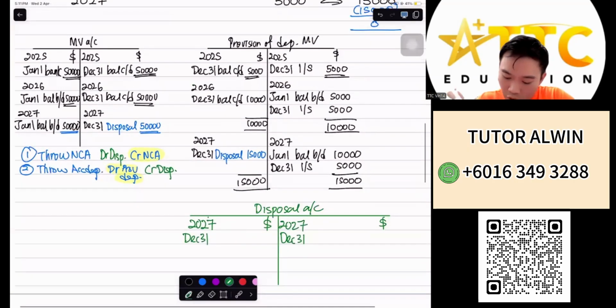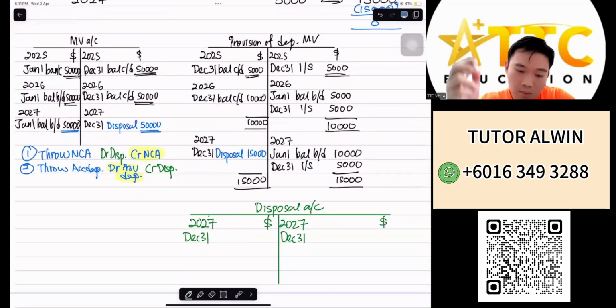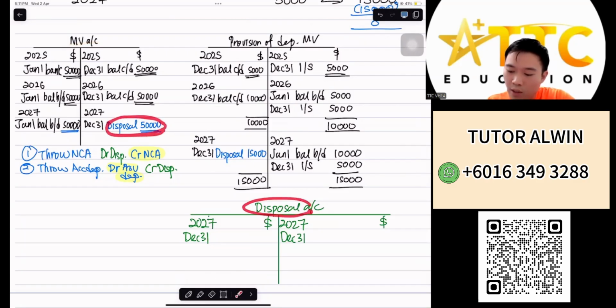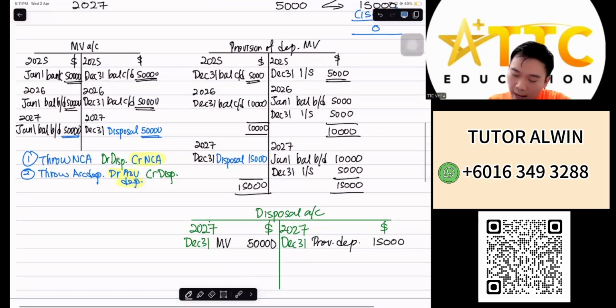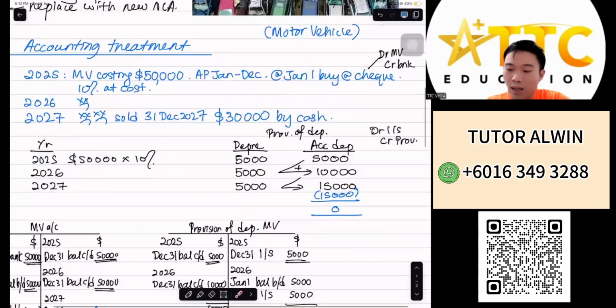So when we throw our motor vehicle, when we credit our motor vehicle with disposal, and so during the disposal account's time, we will debit it with the motor vehicle over here, 50,000. Then when we throw away our provision for depreciation, meaning the accumulated depreciation, we debit our provision with disposal. So during the disposal account, we will credit it with the provision of depreciation, 15,000. So how much do we sold it at?